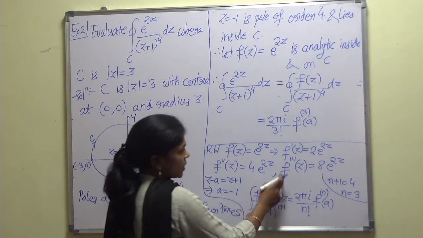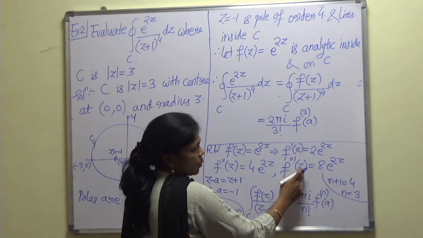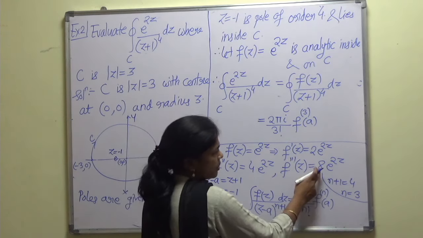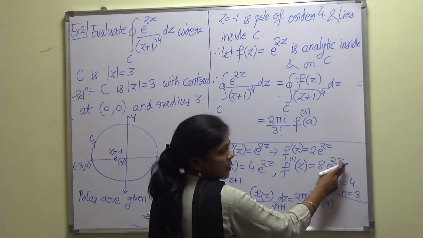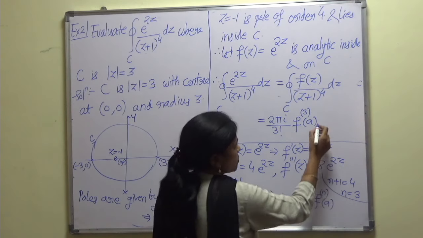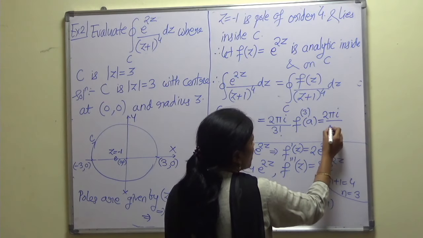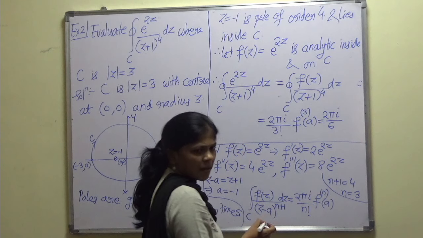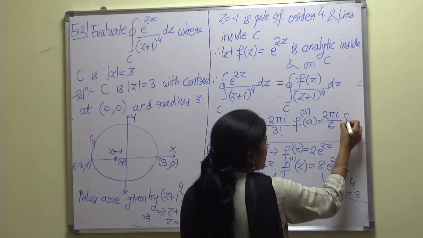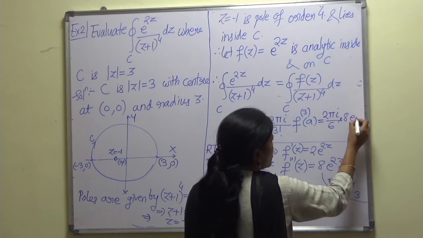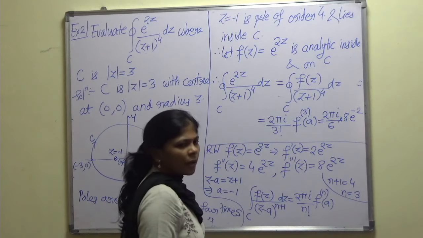So in this third derivative, put z as minus 1. So it will be 8 e raised to power minus 2. So what we have is 2 pi I upon 3 factorial, which is 6, and then the value 8 into e raised to power minus 2.